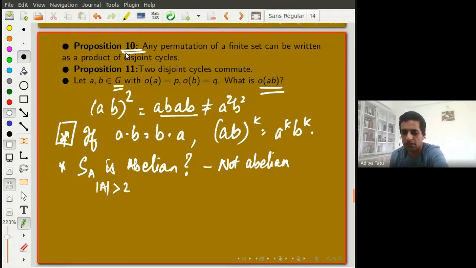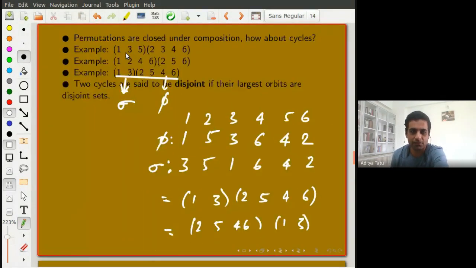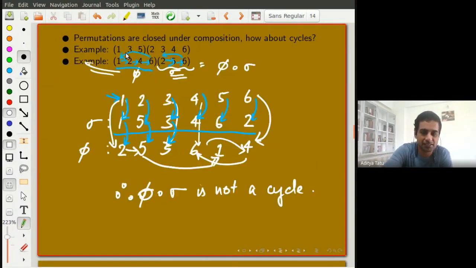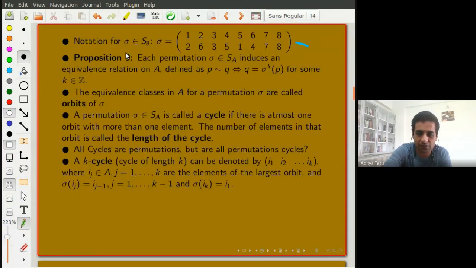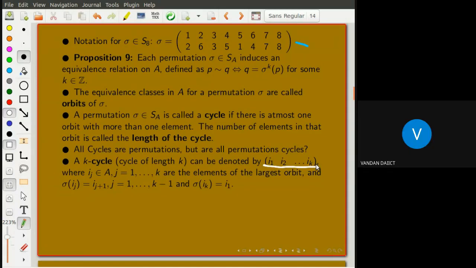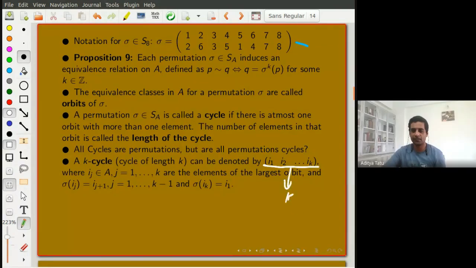Let's look at this example again. What is the order of a cycle? Can anybody tell me? Or maybe this in general: what is the order of the cycle (I1 ... Ik)? Do all of you agree?